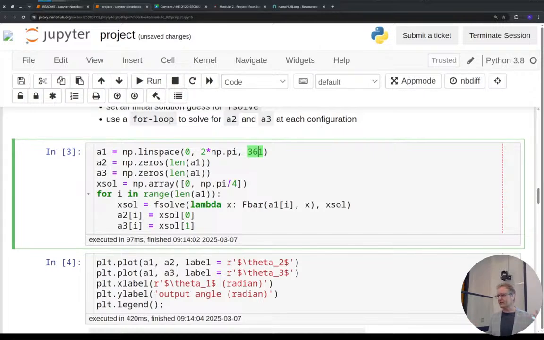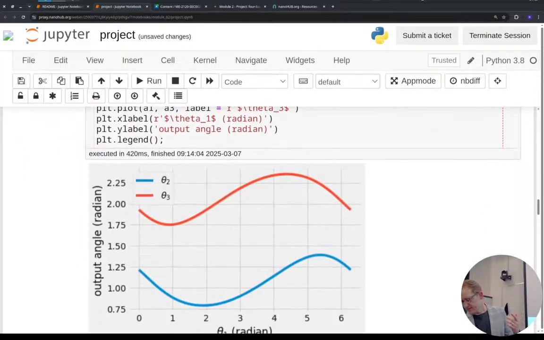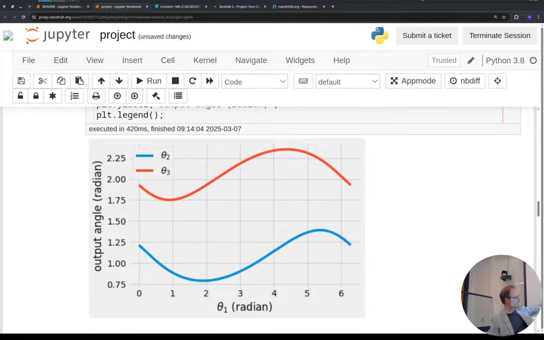I can't really tell the difference between 50 and 360 values on these two smooth curves. But this helps if there are sharp transitions and you want to see more of what's happening, we can increase the number of evaluations.